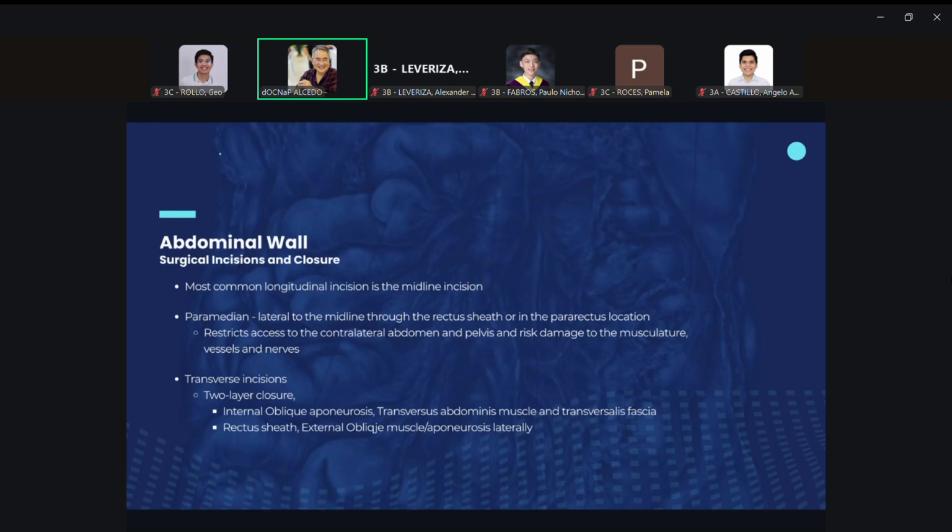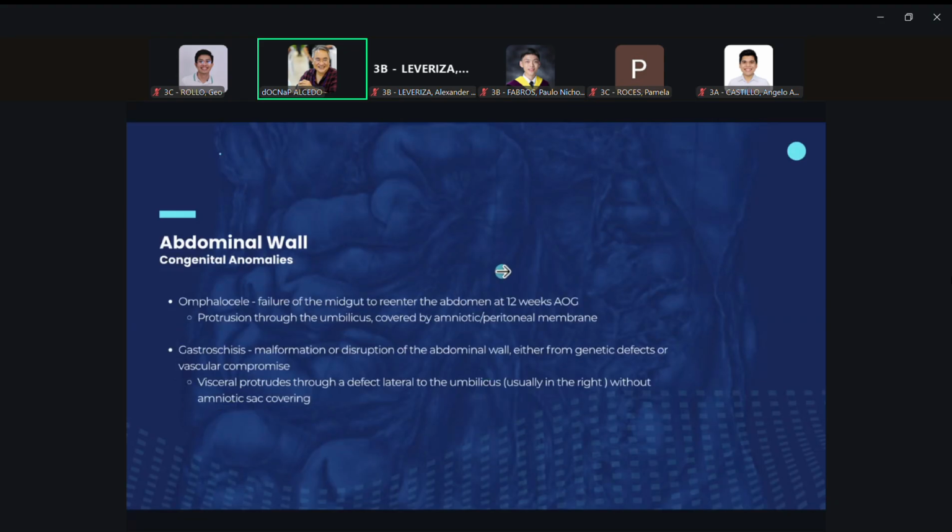But in instances where you're sure that the pathology is on the preferred side, especially for example, if you're talking of possible ruptured appendicitis, then if you elect to do a midline vertical incision, a right paramedian incision can be your choice. And then, of course, the transverse or your horizontal incisions.